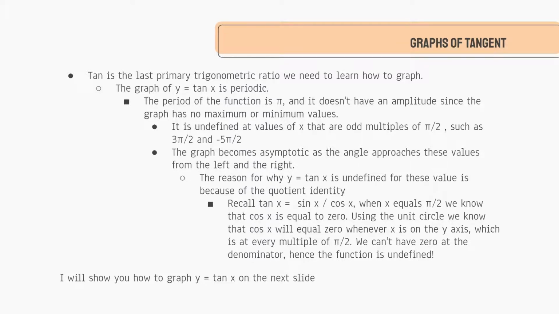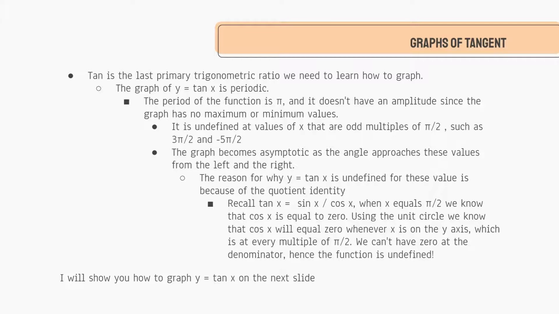So in case you're wondering why it's not defined at these values, it's rather simple. All you have to do is recall the identity we learned last class, or the identity you learned a year ago, which is that tan of x equals sine of x over cos of x. So if we took x equals pi over 2, we know that cosine would equal 0.